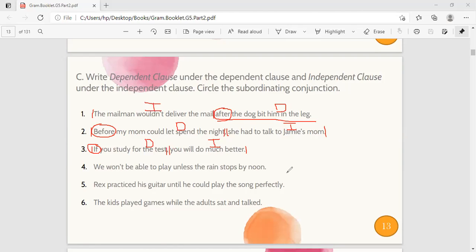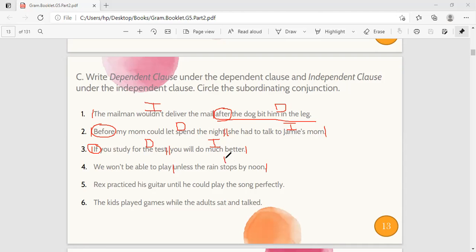We won't be able to play unless the rain stops by noon. This is a dependent clause. Where is the independent clause? Unless the rain stops by noon is the independent. It can stand alone. It makes sense on its own. So it's what?